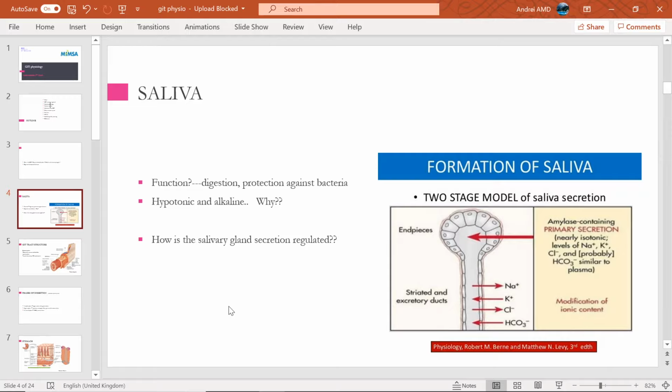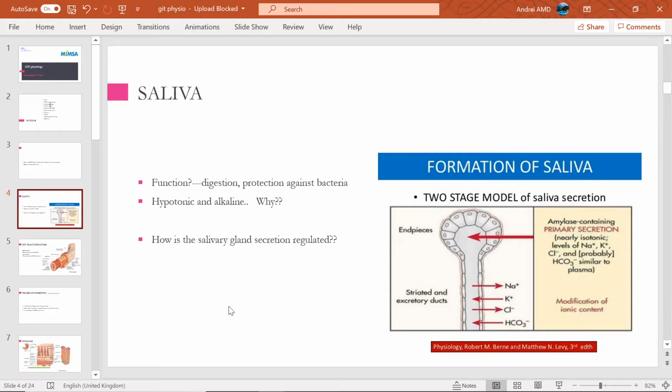And its function is not only to make the food more chewable, it also has a lot of antibacterial things that protect us against the bacteria in our mouth. And also it has an enzyme called amylase, which digests the starch or carbs already in the mouth.